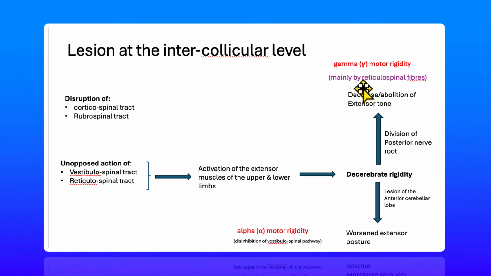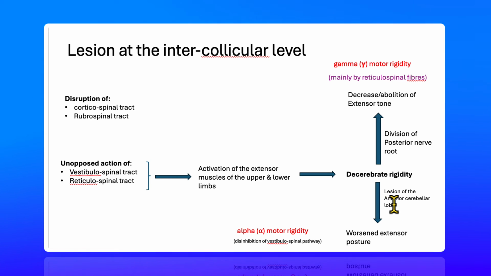And because in this posture the dominant feature seems to be the increased activity of the gamma motor neurons, this type of decerebrate rigidity is called gamma motor rigidity.